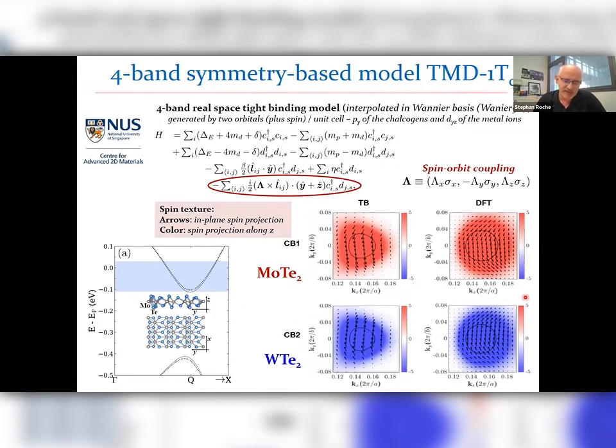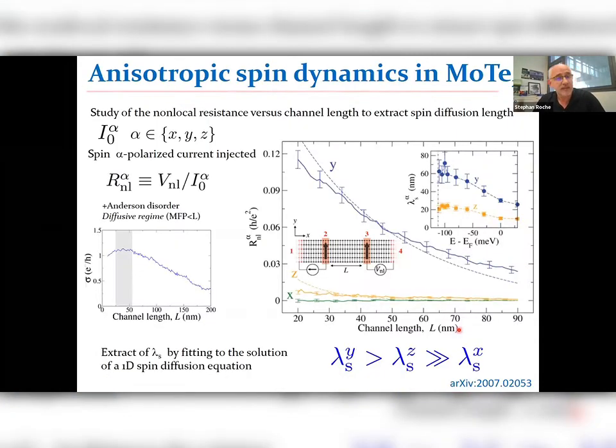So we can elaborate an effective model again in these materials, and we can describe it, for instance, using a tight-binding model and look at symmetries, and we can reproduce quite reasonably the main features of the bands and of the spin texture. And by doing that, what we could do is, first of all, investigate the spin dynamics in the system, and indeed confirm the emergence of a strong anisotropic spin relaxation.